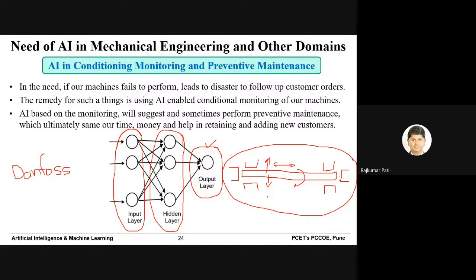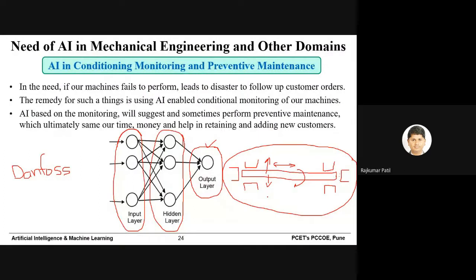Even a few years back I visited Kirloskar chillers. Kirloskar supplies chillers to various industries, especially the chemical industry. They identified the symptoms through which they can tell at what location there could be a failure, and developed a condition monitoring system for the same.